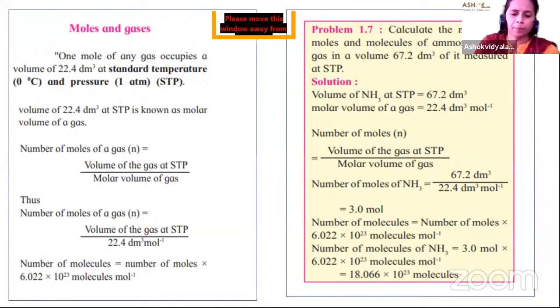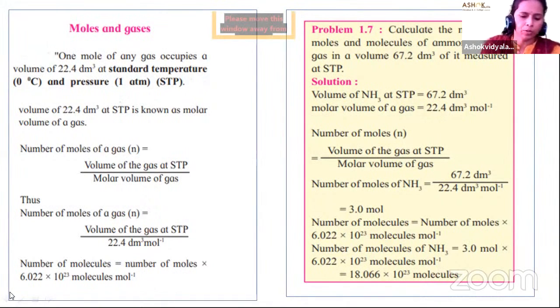Now students, keep in mind what is there and what is not there in this chapter. I'll tell you once again; if you want to note it down, note it down. I have already shared the PDF. 1.3 is there, 1.3.1 is there, 1.3.2 is there.